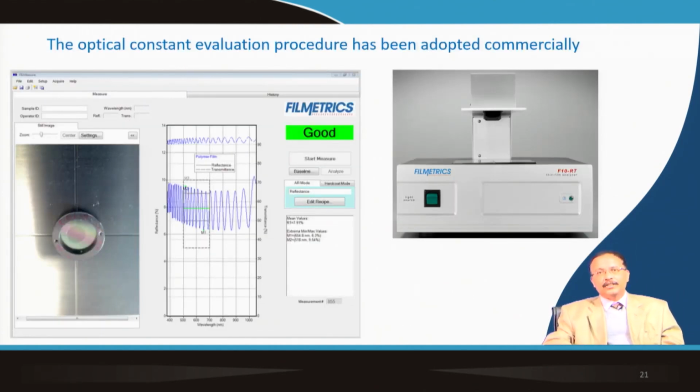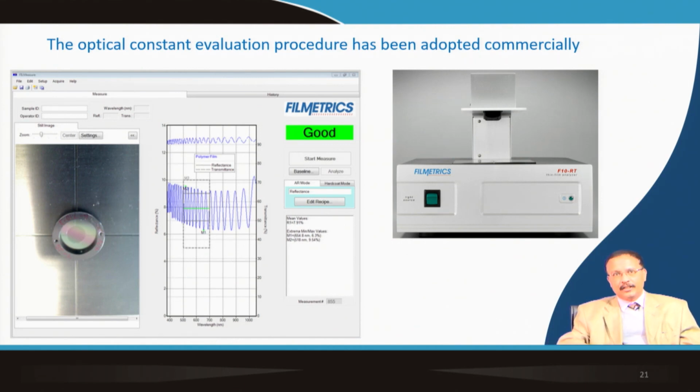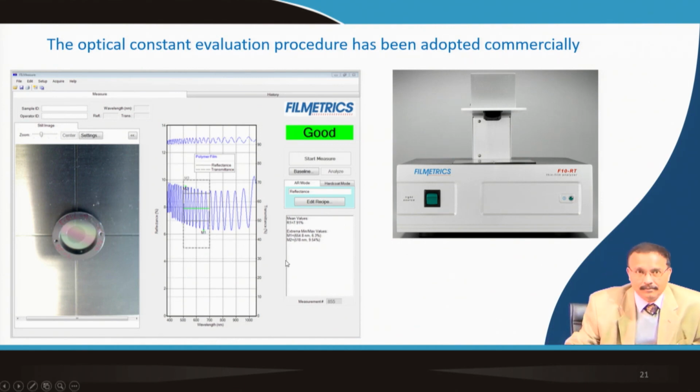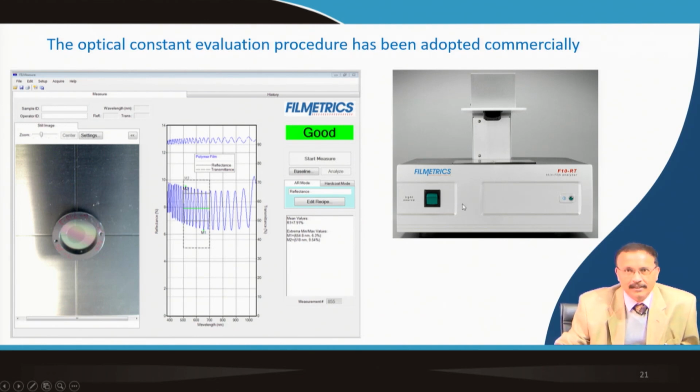And this is quite interesting. Commercially people have made this kind of equipment where they first measure the reflectance and transmittance, and then using all these equations whatever I described earlier in the lecture, they can calculate this.